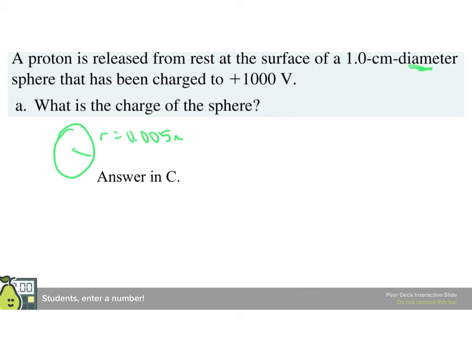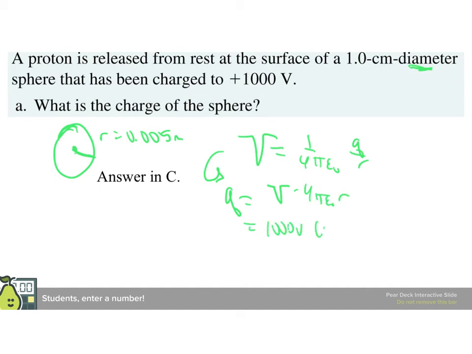Even though we don't have a point particle, we can say it's the potential of the equivalent point particle that distance away. So we take V is 1 over 4 pi epsilon naught Q over R. We invert it and say Q must be V times 4 pi epsilon naught R, which is 1,000 volts times 0.005 meters, and 1 over 4 pi epsilon naught is 1 over 9 times 10 to the 9 newton meter squared per coulomb squared.